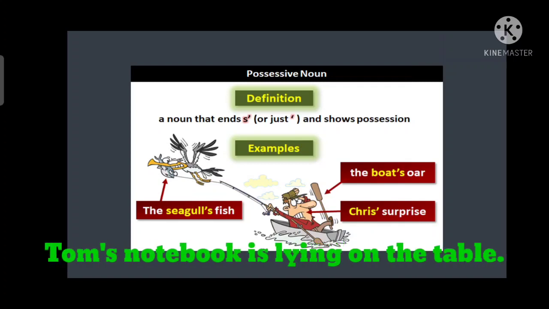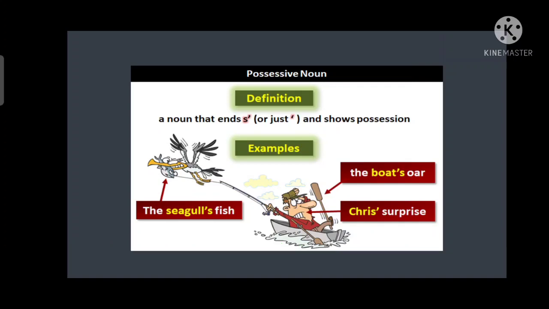The feast belongs to the seagull. Apostrophe s is given. It shows possession, that is a possessive noun. The boat's ode. Chris's surprise. You can see here apostrophe s is given, so the apostrophe is used to show possession.